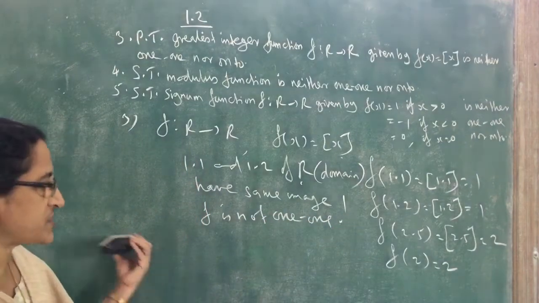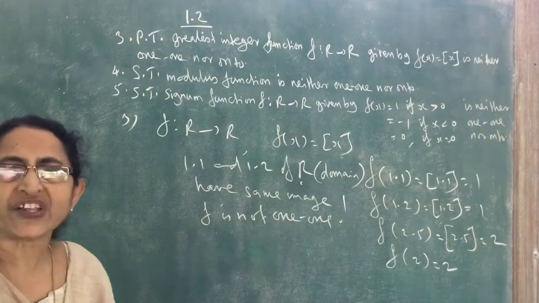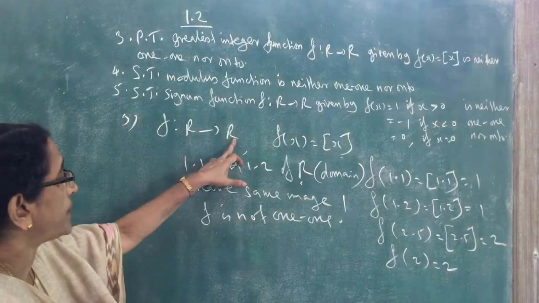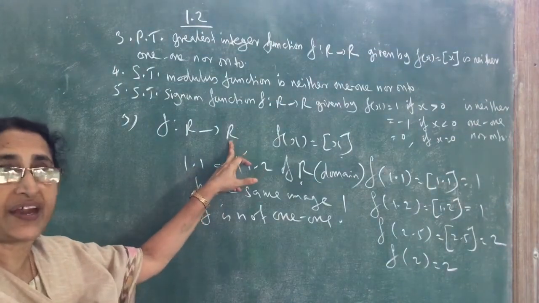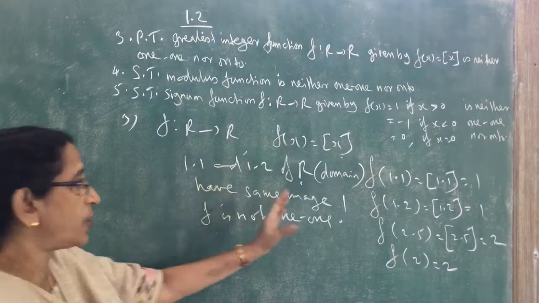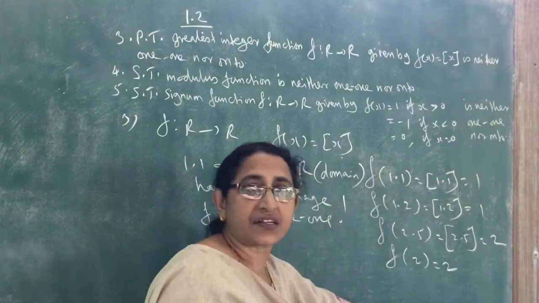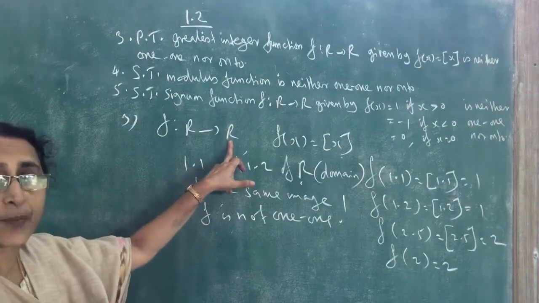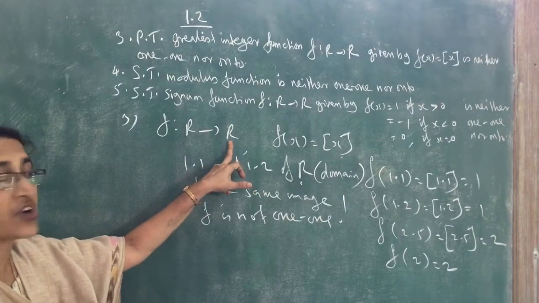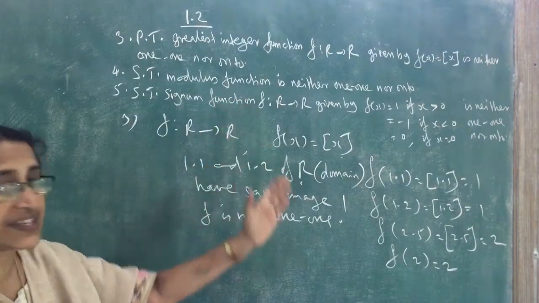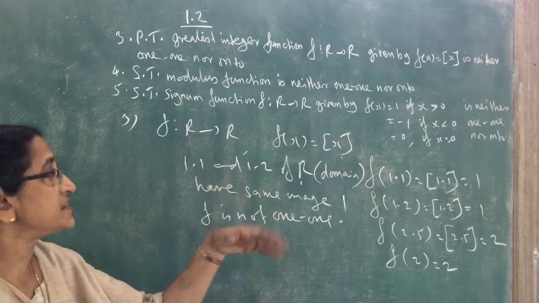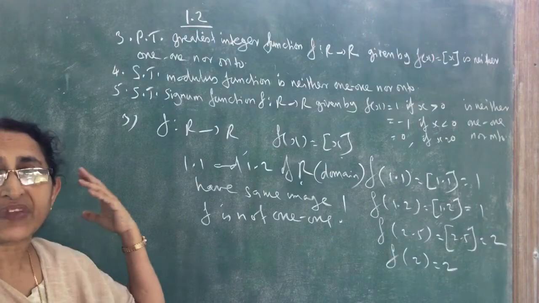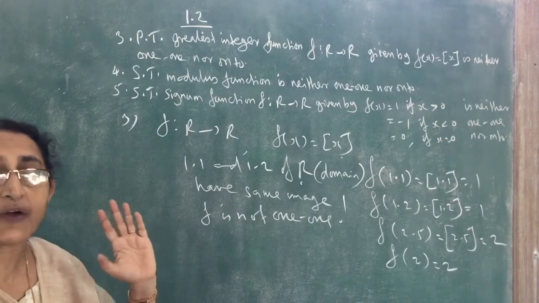Now we can show it is not onto. Now onto means what? If you take any arbitrary element from the codomain, it should have some pre-image. See here we know the value of the function is always integers. So the non-integral values in the codomain have no preimage because the value of the function is always integers. So only integers in the codomain have a preimage. Other non-integral values have no preimage.